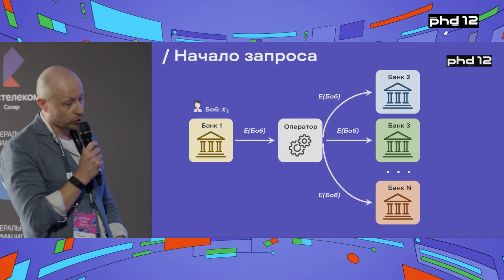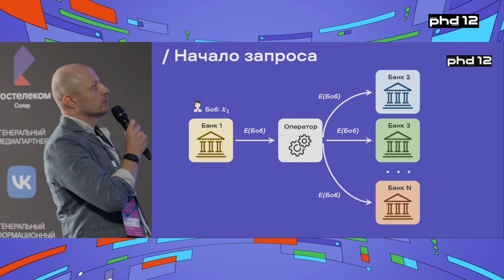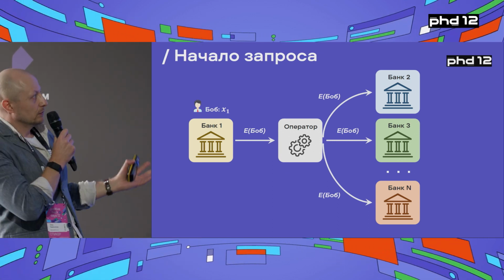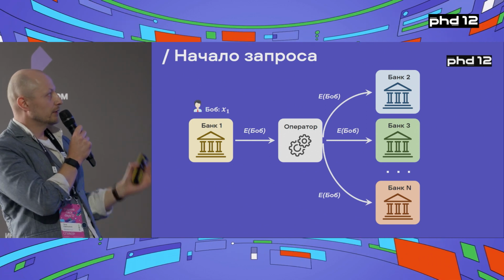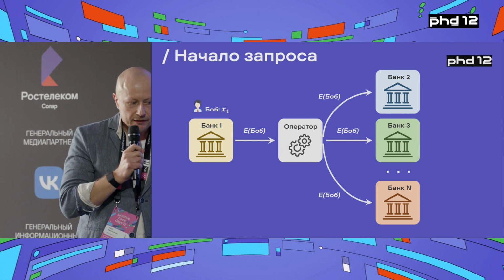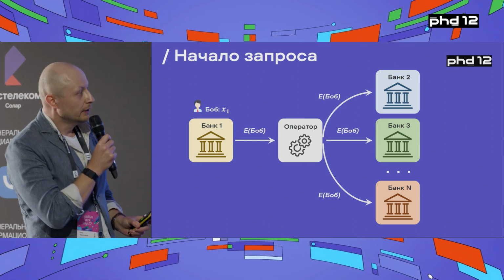Our third party is called an operator, and the bank, during the request, sends the request to the operator, which leads to the operator hiding the source of the request from the banks that are replying.